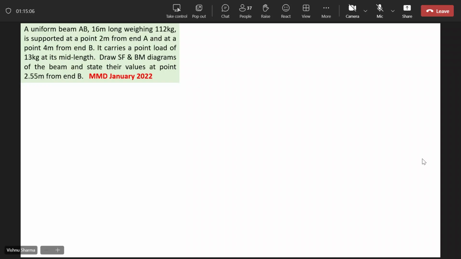If the values are rounded off, as in this case, 112 kg, 13 kg, directly use kg or tons, whatever they are given. When the next question comes, if they are given in some fractions, then you could check whether conversion to Newton or kilonewton will make it easier. It is not mandatory. We'll take a call based on what gives us more convenient values.